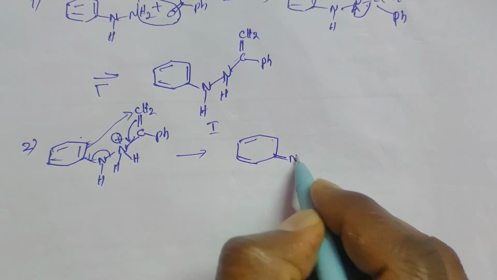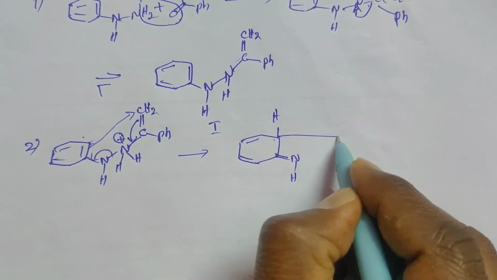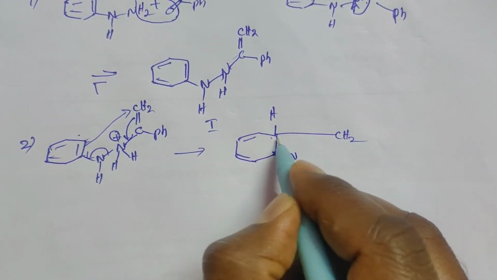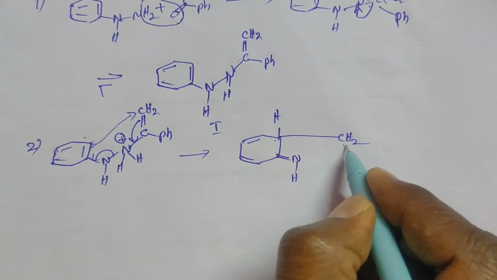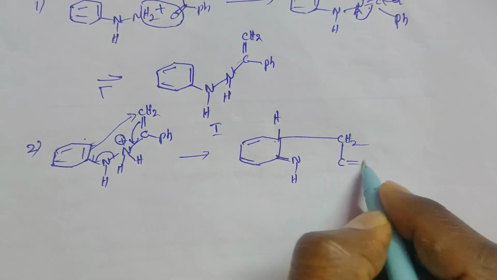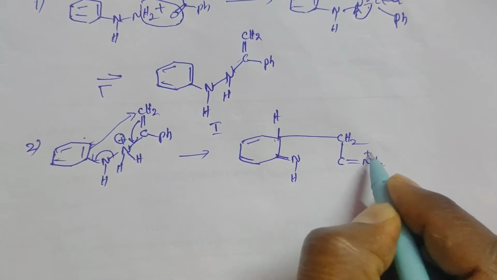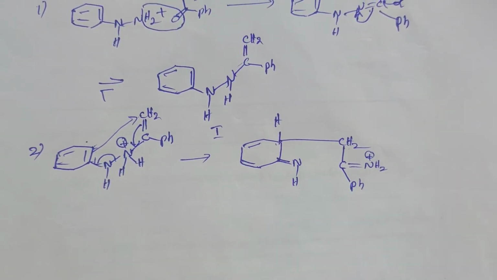So we get here N double bond H and one hydrogen is here, and a bond is formed between carbon of the benzene and carbon of the carbonyl group. NH2 plus and one phenyl group is also there.